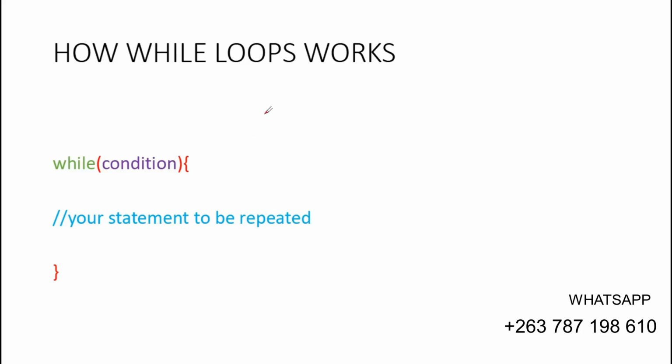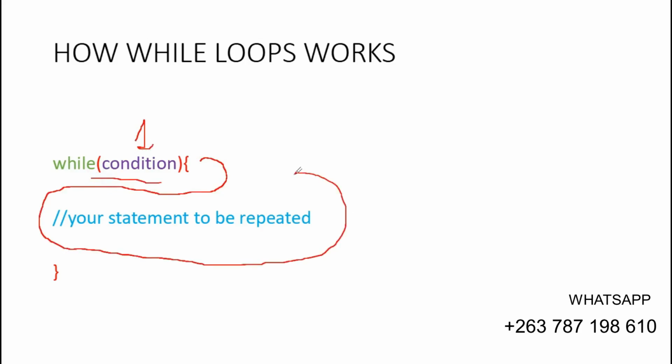Those are some examples of conditions, and for this loop to run, the condition should be equal to 1. For the statements inside to be executed, this condition should be 1, and if the condition is 1, the loop will open.